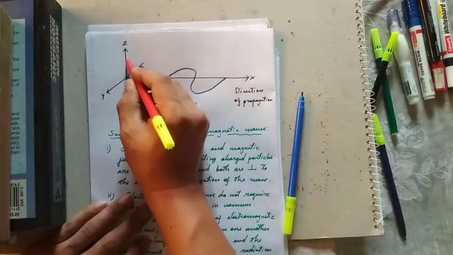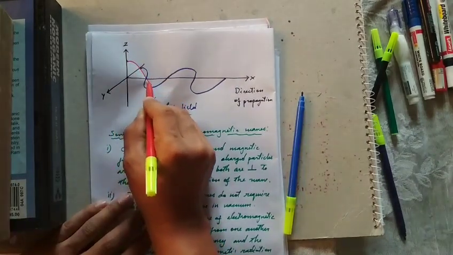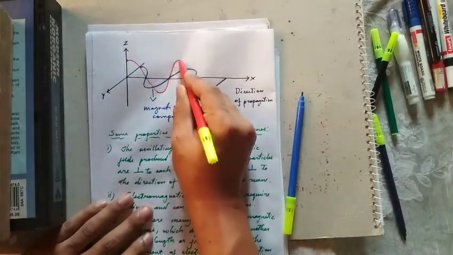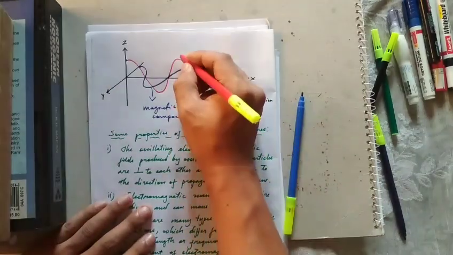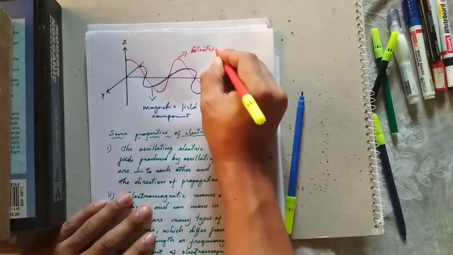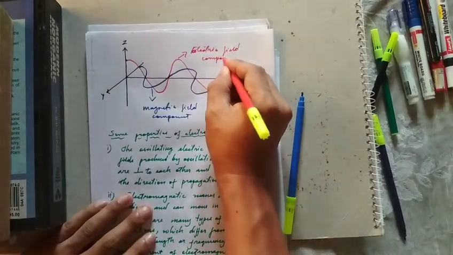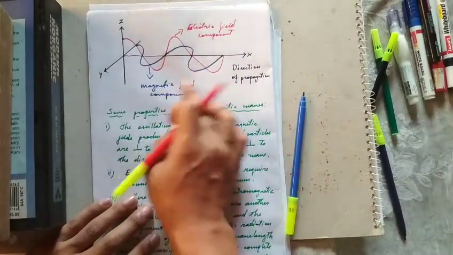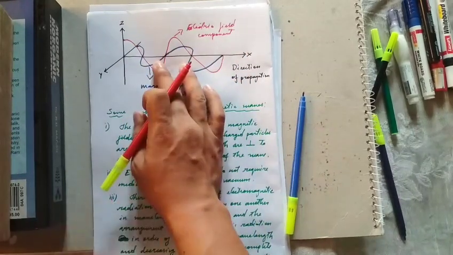Let us assume it moves along the z-axis. So we found out that this electric field and magnetic field are perpendicular to each other.